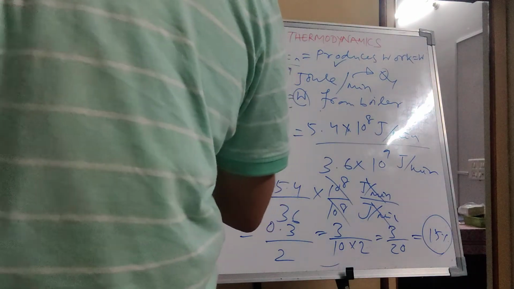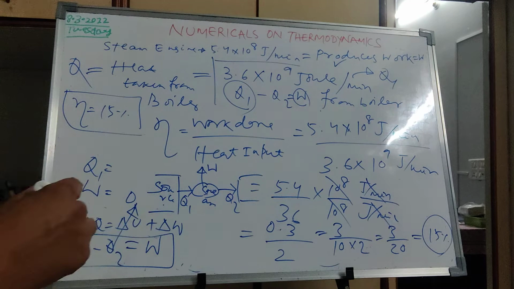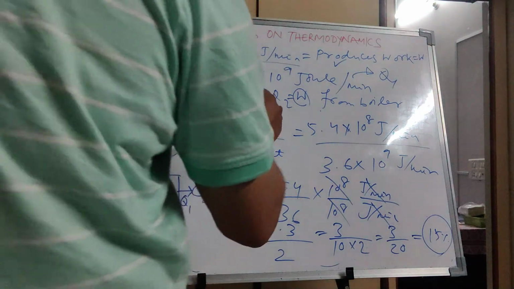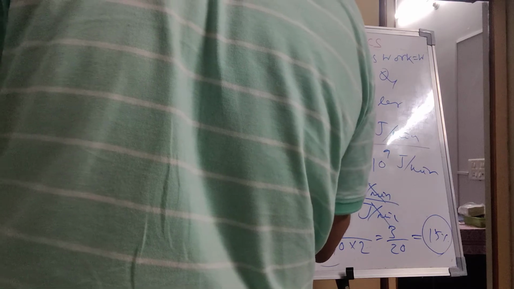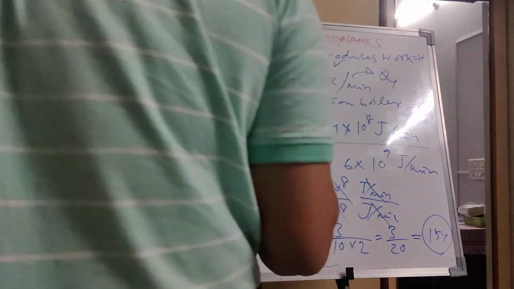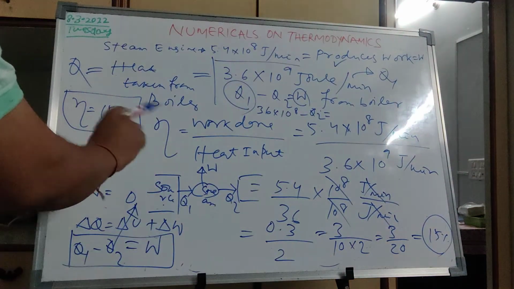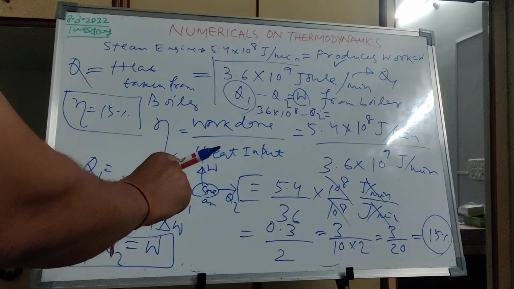So 36 into 10 to the power 8 minus Q2 is equal to your W. How much is your W? Work done is 5.4 into 10 to the power 8.